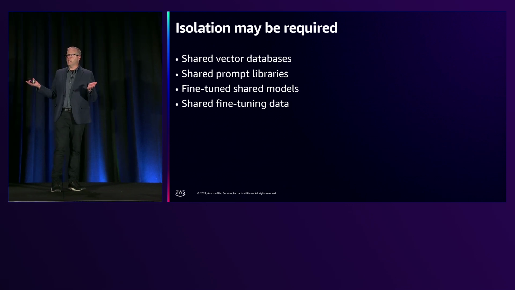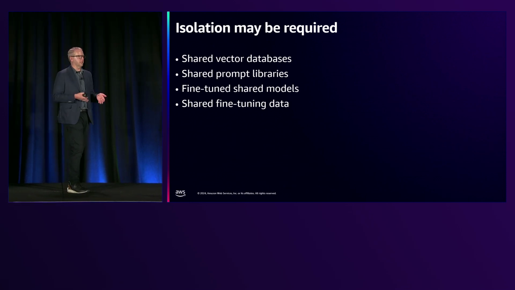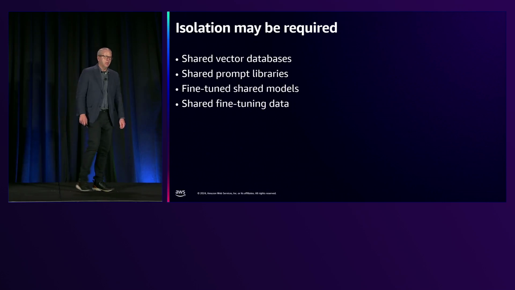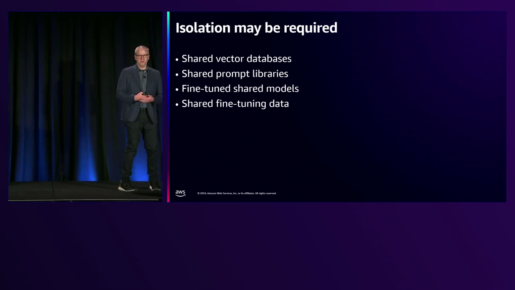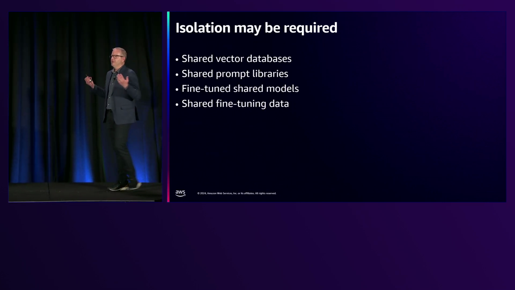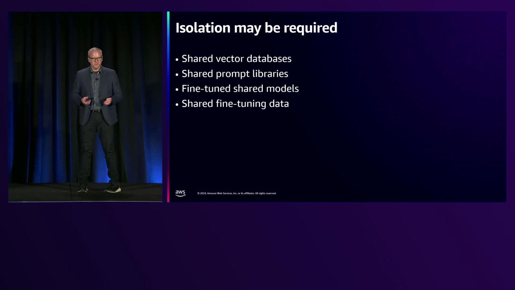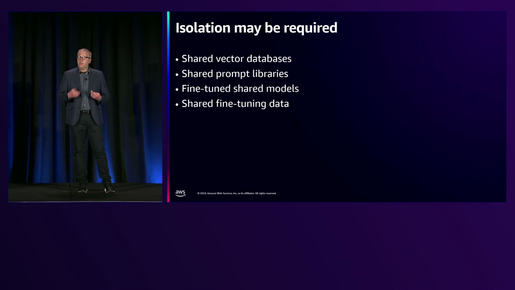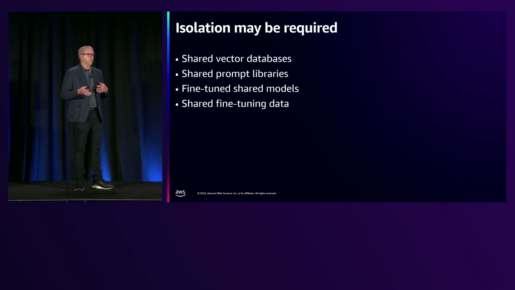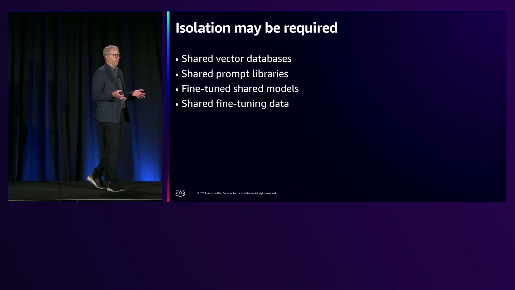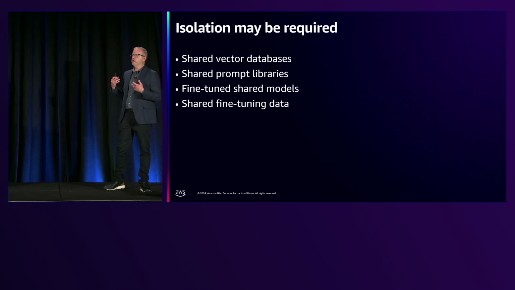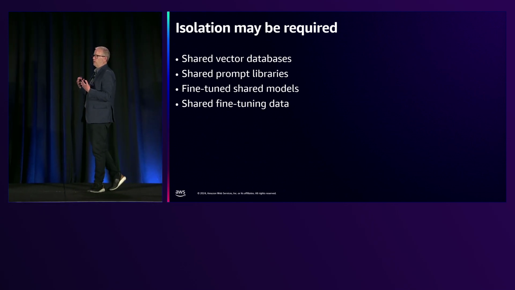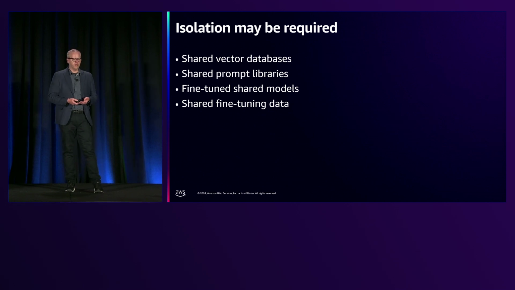So you may want to save those as a library or a set of templates that you share between teams. And changes to this, like changes with any piece of software, can ripple out to all the consumers. If you're fine-tuning a model, so you're adapting it with your own data so it performs better at a specific task, and you're using that model to drive multiple applications, that's another shared resource.